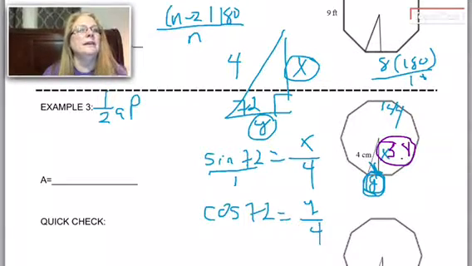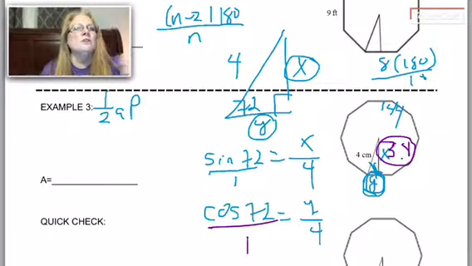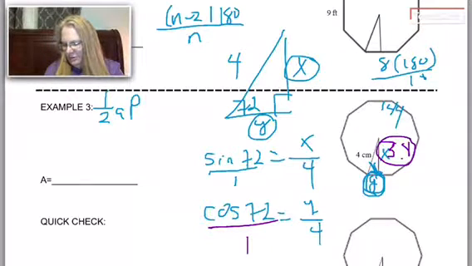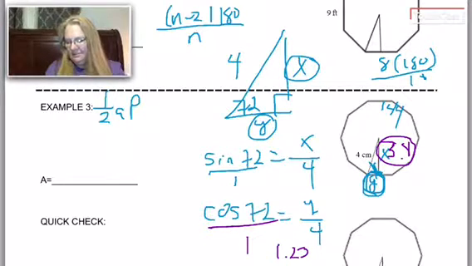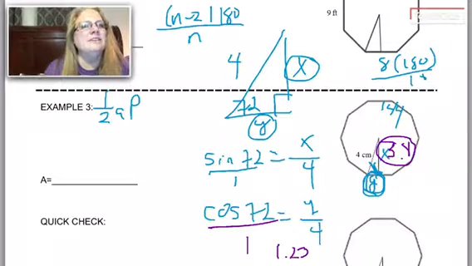Okay? And then I'm going to do 4 times the cosine of 72. And I get 1.23. But I'm going to multiply that times 20. And I get 24.7.